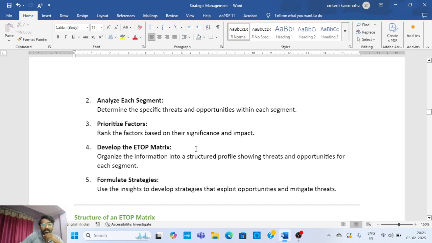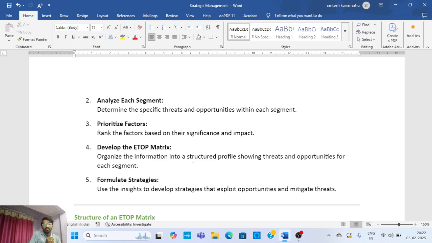Then coming to the fourth step, we develop the ETOP matrix. Okay, organize the information into a structured profile. Whatever information we collected, after that we have to make it into a structured profile which reflects the threats and opportunities for each segment, each and every factor or segment that we divided.